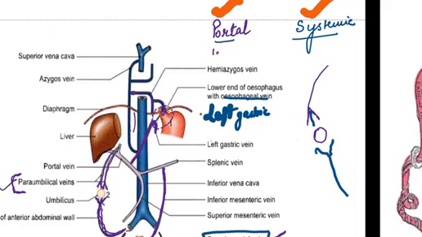Then we have the bare area of the liver. The bare area of the liver has the portal vein as the portal radical and the systemic vein as the diaphragmatic veins.